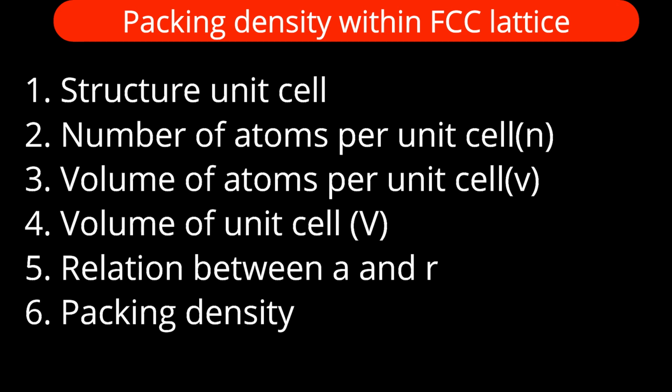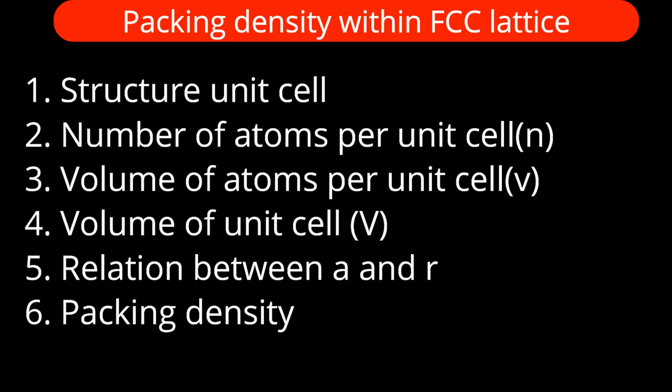Third point, the volume of atoms per unit cell, that we can find out from the number of atoms, because we know an atom is spherical. Volume of a sphere is equal to 4 by 3 pi r cube. It is the volume of one atom. What about n number of atoms? That will be our small v. Capital V is our volume of unit cell.